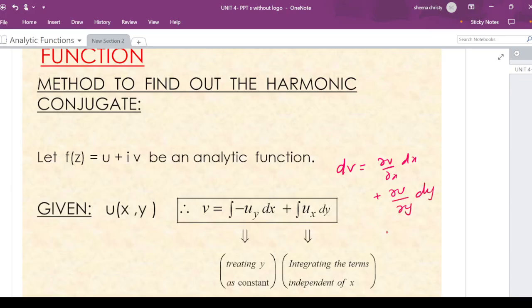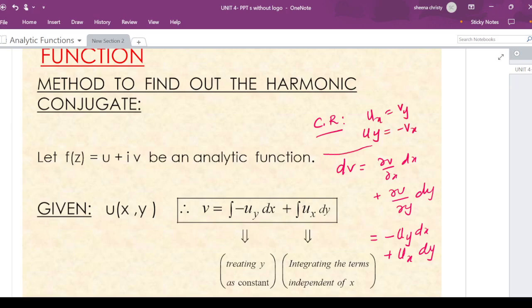But by making use of the CR equation, you understood that uy equal to minus vx, so it is going to be minus uy into dx, and here vy equal to ux, so into dy. This is by the CR equation. CR equation is the Cauchy-Riemann equation: ux equal to vy and uy equal to minus vx. So by making use of this formula, we rewrite this as dv equal to, and integrating on both sides, you will get the value of v.